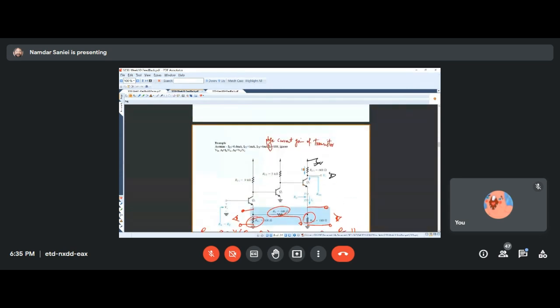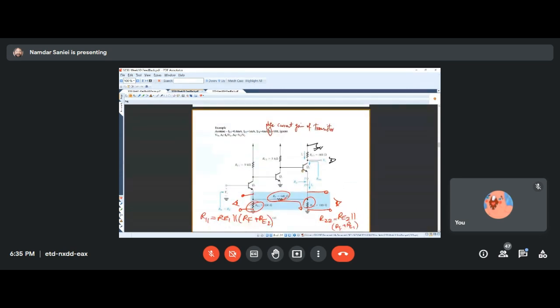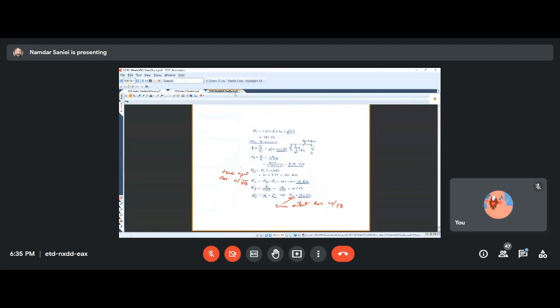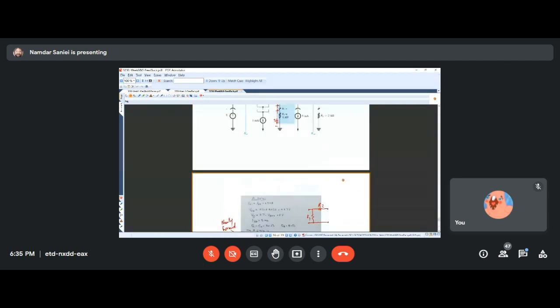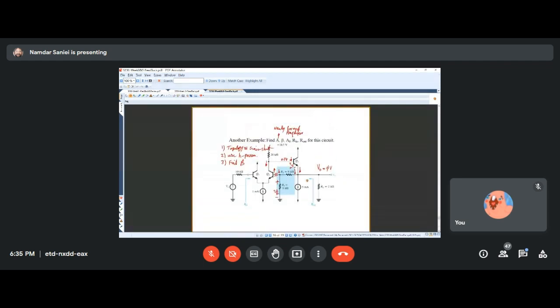But if you compare this with, say, this, it's very much like that one, except instead of the differential pair, we have two other single transistor amplifiers, right? And the output, instead of going out from the collector, is going out from the emitter.